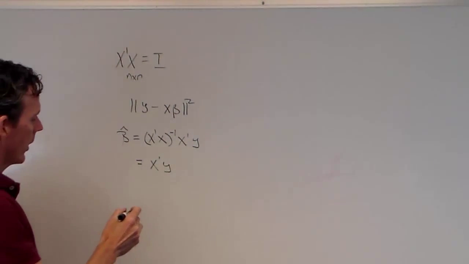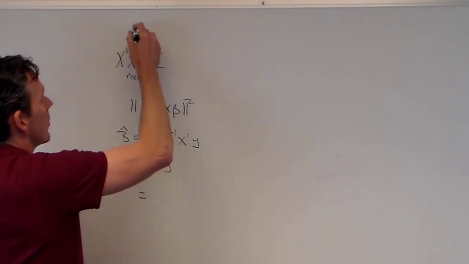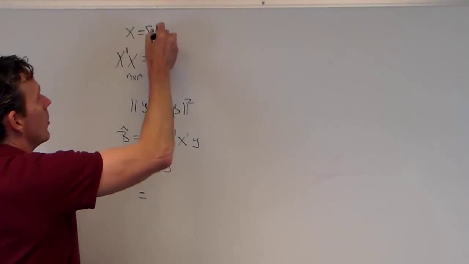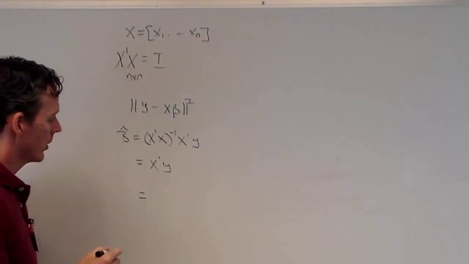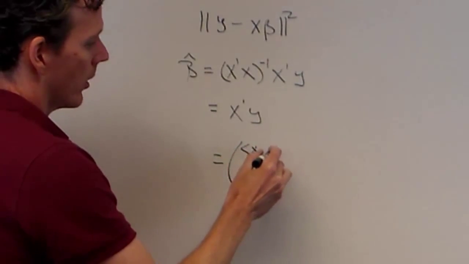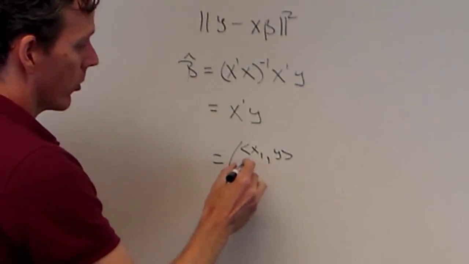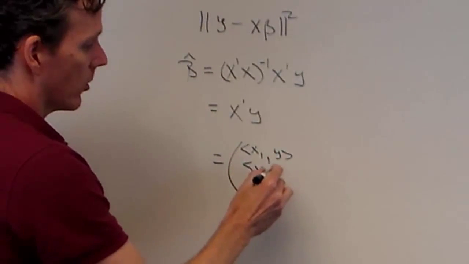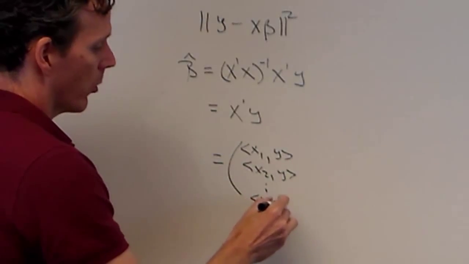Looking at this, if my x has n columns, then this means that the inner product of x1, the first column of x, with y is the first coefficient, the inner product of x2 with y is the second, and so on, all the way up to xn with y.